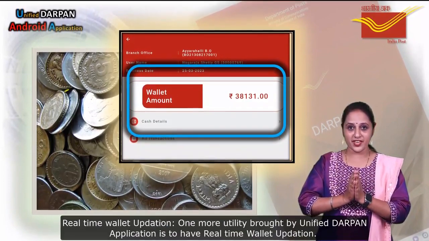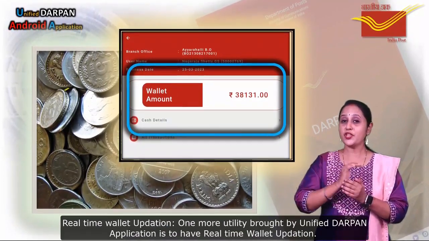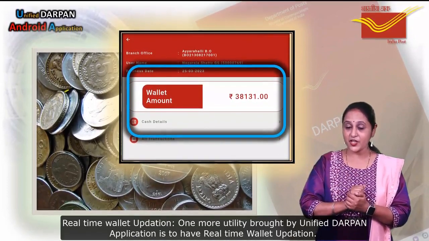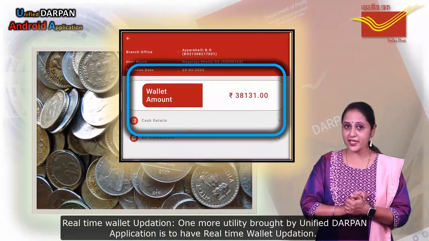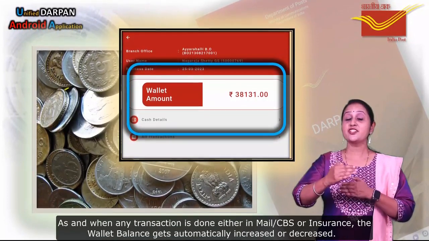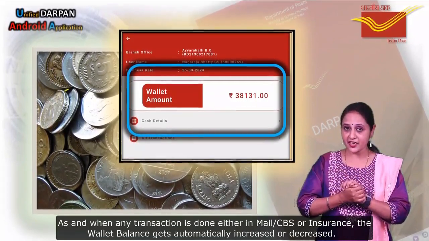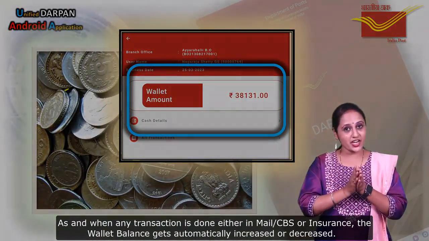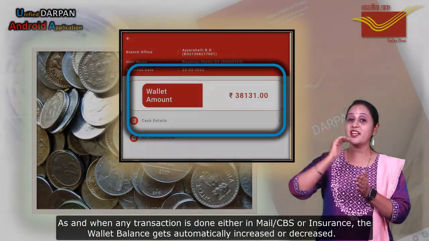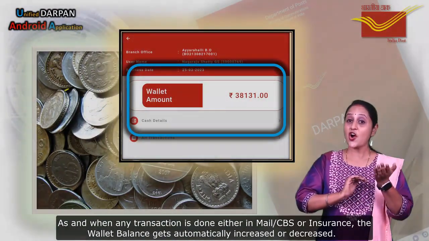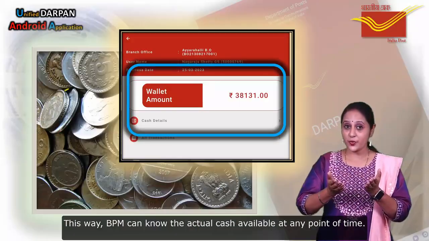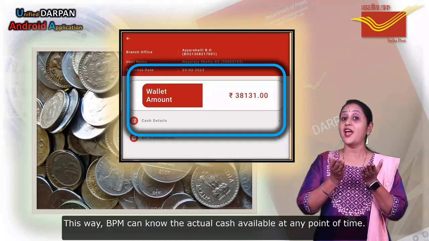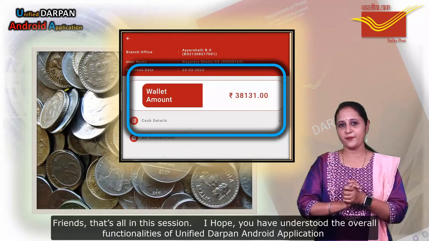Real-time wallet updation. One more utility brought by the Unified DARPAN application is to have real-time wallet updation. As and when any transaction is done, either in mail, CBS or insurance, the wallet balance gets automatically increased or decreased. This way, the BPM can know the actual cash available at any point of time.